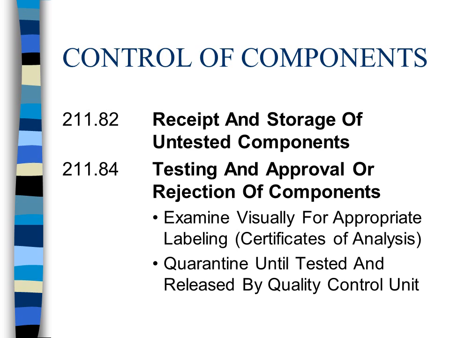The testing and approval or rejection of the components, this is where it hits your drivers. Examine visually for appropriate label. Make sure that your liquid oxygen or liquid nitrogen has a certificate of analysis on it. Make sure that you do not take anything out until it has been tested and released by a QCU member.